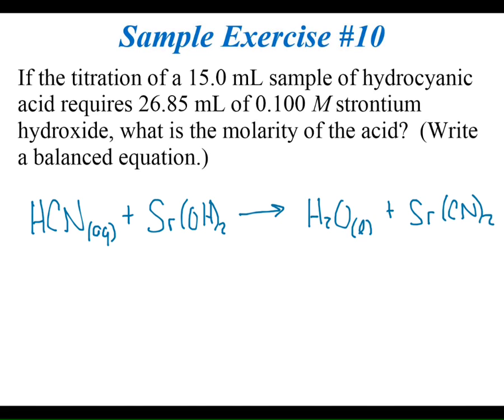Yeah, Sr(CN)2, right. So we've got to balance that. Where do I need 2s? 2 hydrocyanic acids and 2 waters, because 2 hydrogens and 2 hydroxides has to make 2 waters.